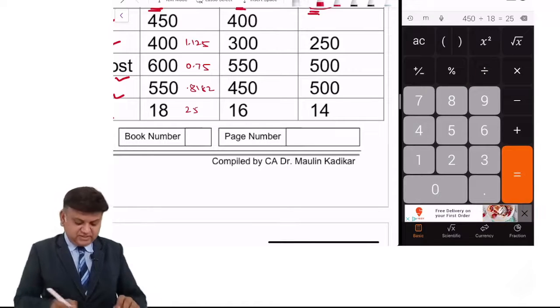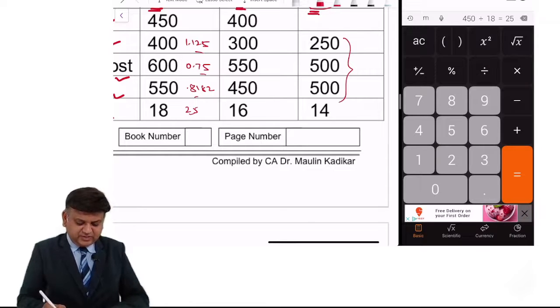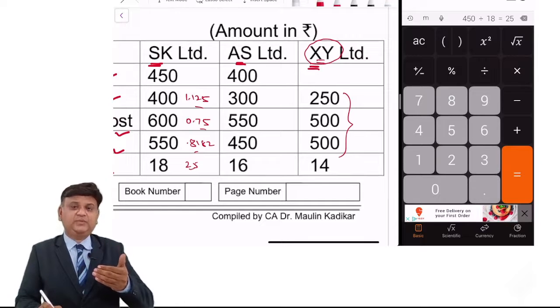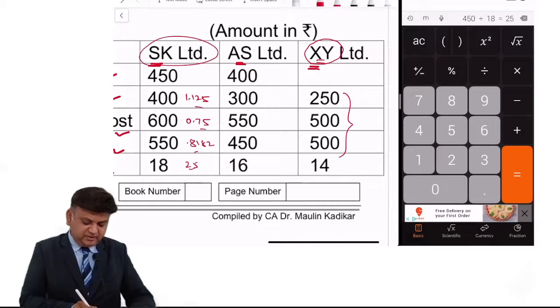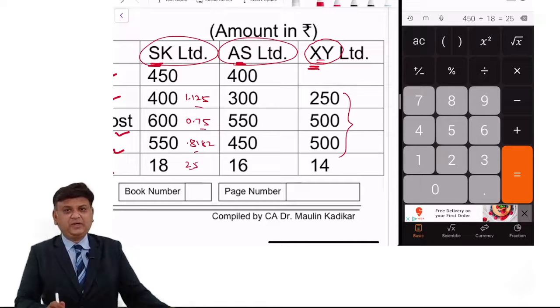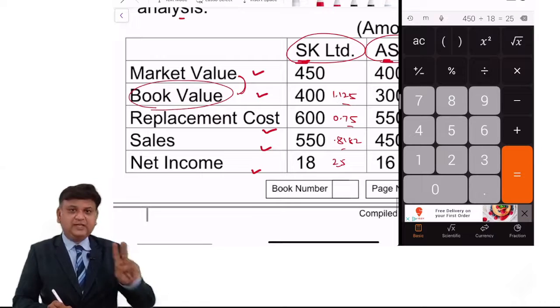So using these ratios and the value of XY Limited, which is under valuation, we'll get the value of XY Limited using SK Limited and using AS Limited. Using the book value approach, we get two values.